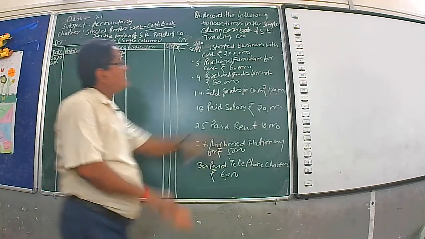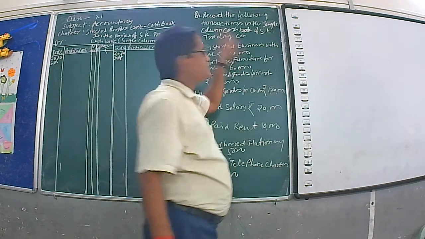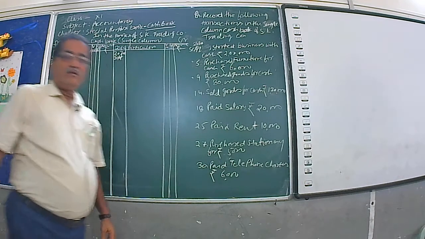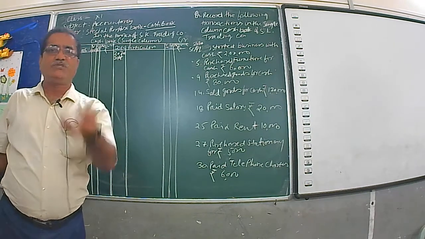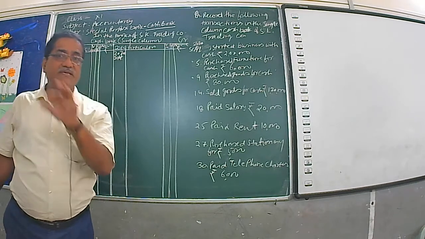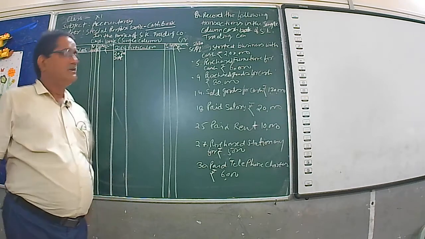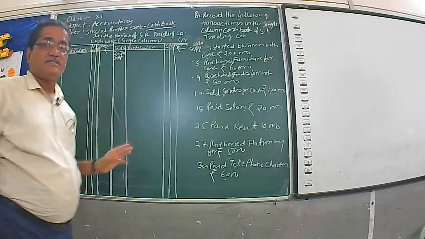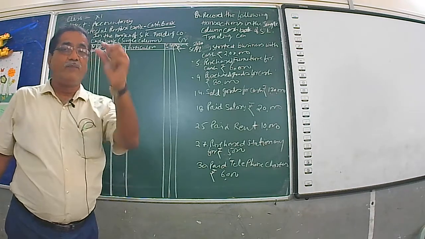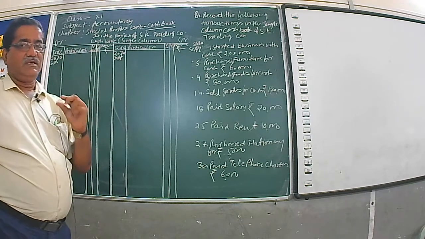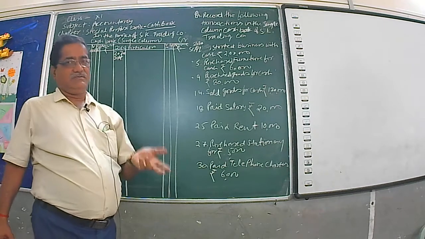Here, started business with cash rupees 2 lakh. The owner provided capital, money to the business, to start it. In this case, it can be said that money is received by the business, in the form of capital.